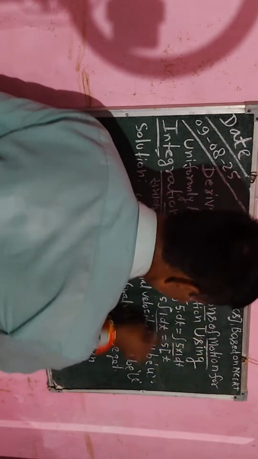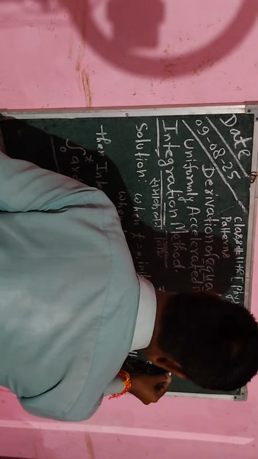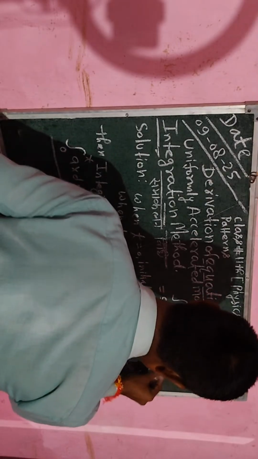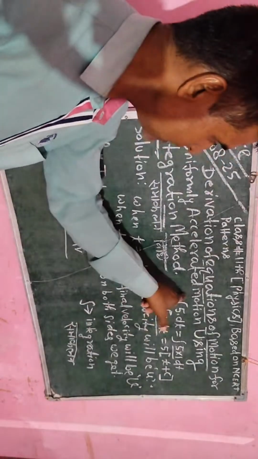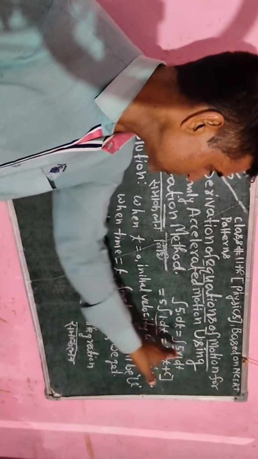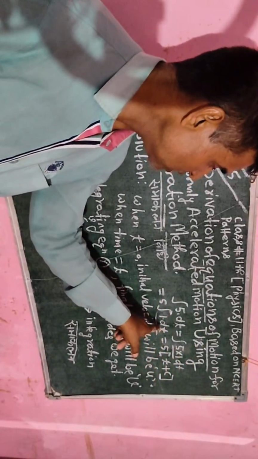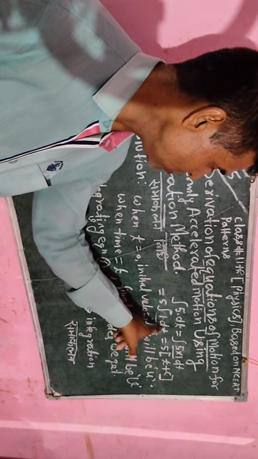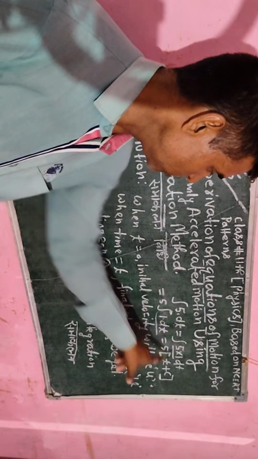Integrating 1 also gives one constant. It means that 5 can be arranged like this: 5 into 1, 5 is a constant so I will take it out, but 1 into dt, because the function is in the form of t, so its integration of 1 will be t.